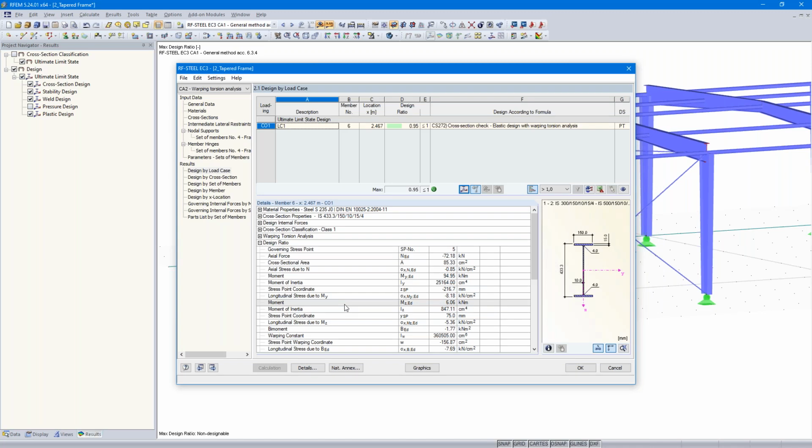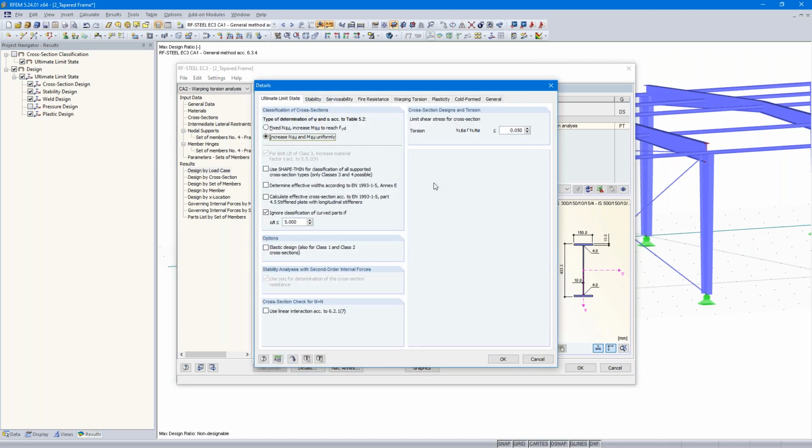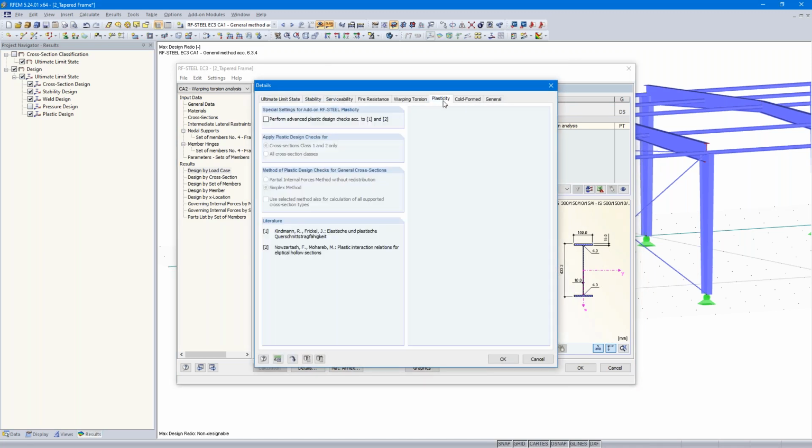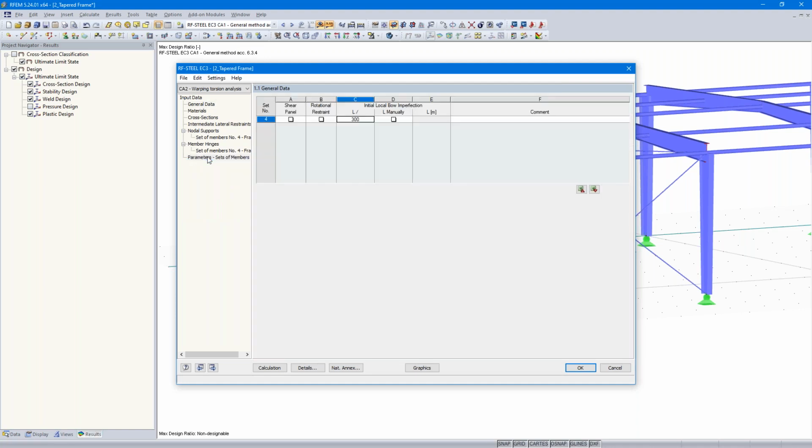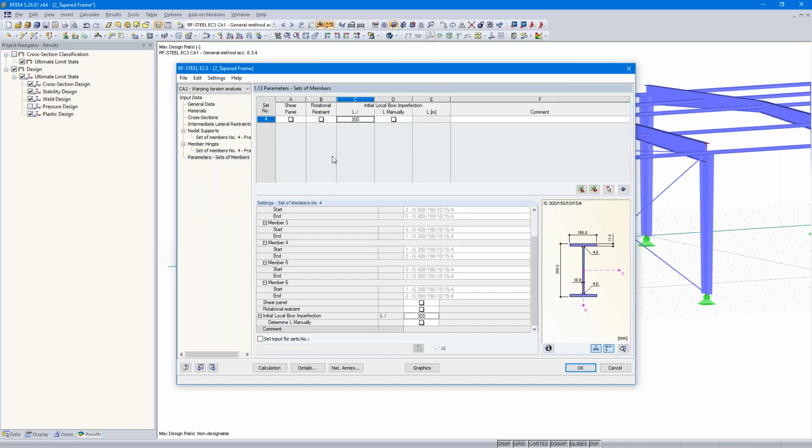And if you want to do a plastic design, you need to activate here under the detail settings, plasticity. I activate that here and go back to that dialog, because the only thing I need to change is the pre-camber.